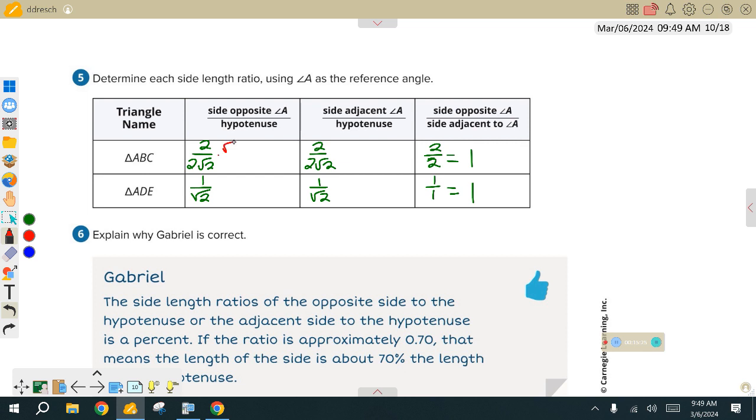As we rationalize that denominator, what do we get in the numerator? 2 root 2 over, there's that perfect square, the square root of 2 squared, and what is that? 4. So 2 root 2 over 4, and what's the last thing we can do? We can reduce that down to 1/2.